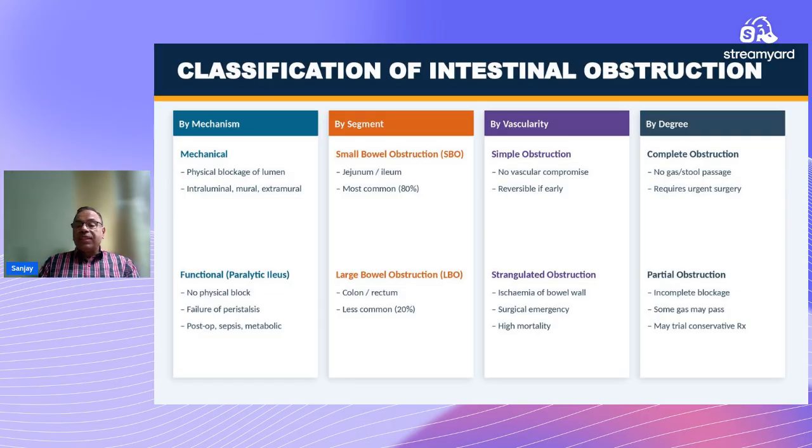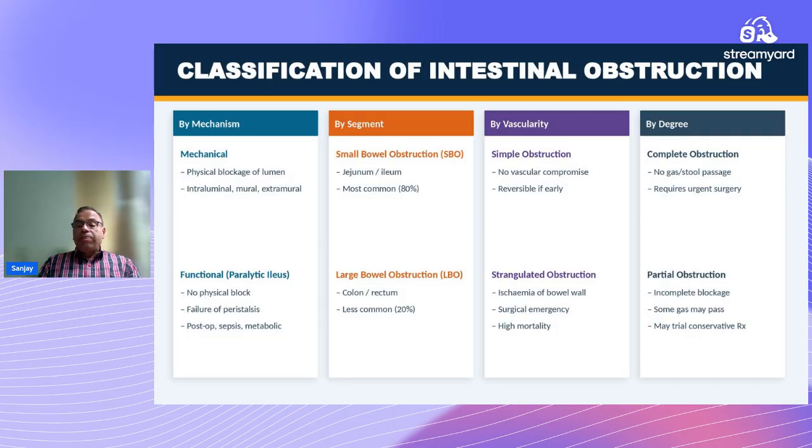So this is a complete obstruction, and needless to say, because it is complete, it presents dramatically, and it is also a surgical emergency because here the rate of complications increases exponentially as compared to a partial obstruction, and the patient can quickly go into ischemic necrosis of the bowel if left untreated.